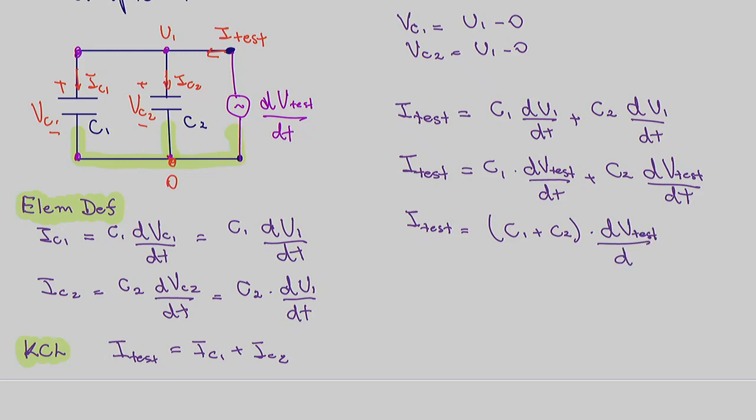Okay. What was the definition for our equivalent capacitance? Well, the equivalent capacitor would be given by I test over dV test dt, which we have right here in front of us.